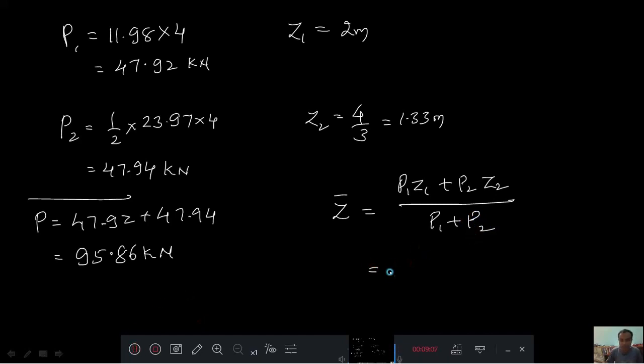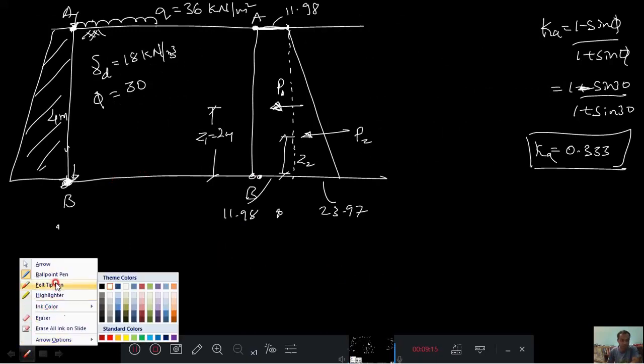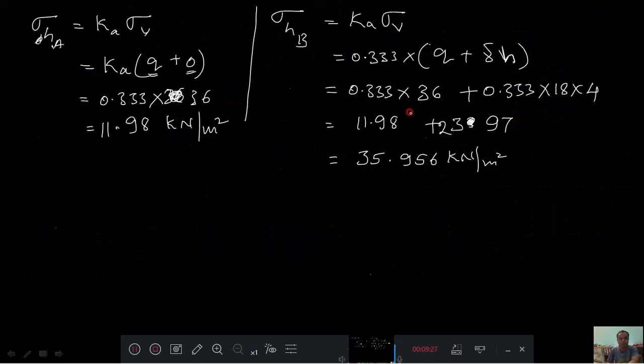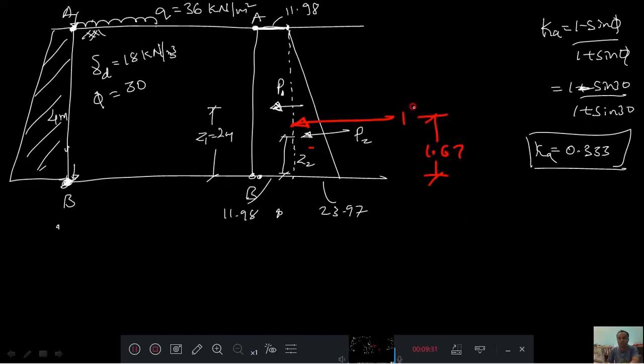The answer we got is 1.67 meter. Go back to the diagram. In this diagram, the total stress is acting here, at a distance of 1.67 meter, and the total force is 95.86.